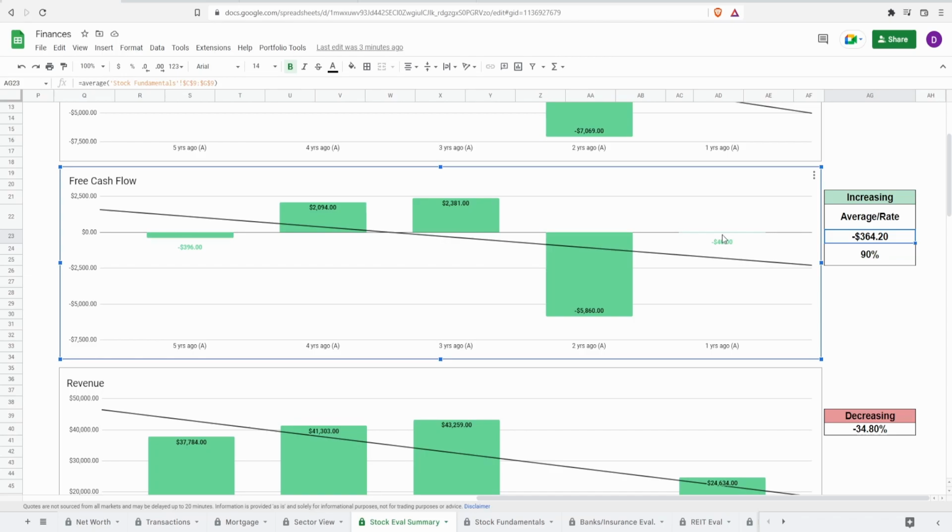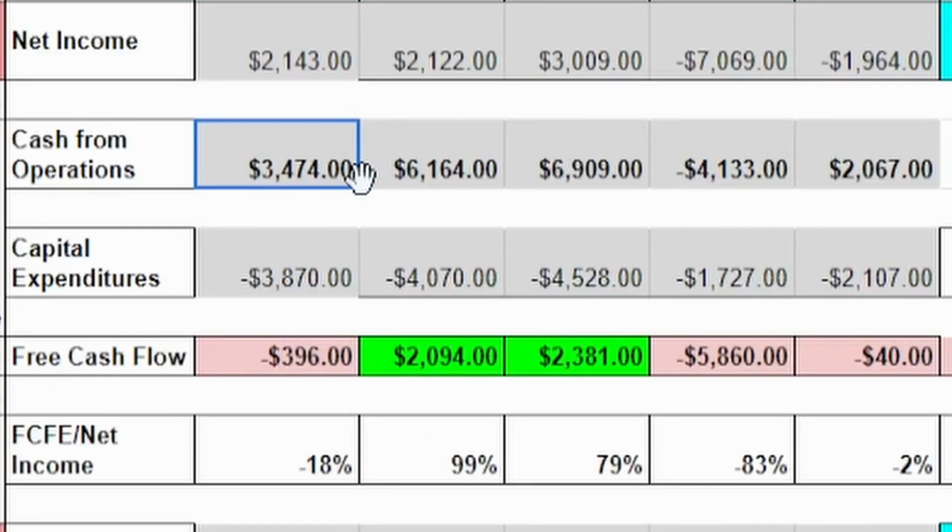COVID essentially happened, right? My concern is this 5 years ago, what in the world happened here that made their cash flow go negative? And in fact, looking at these cash from operations, less your capital expenditures, it actually isn't that bad as you would think because it's not that they did negative cash from operations, which is not something that you want. They just exceeded their capital expenditures instead.